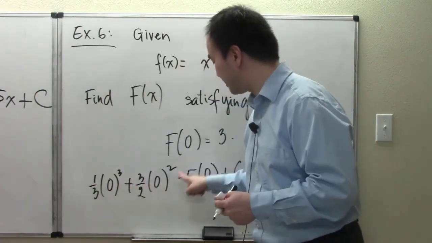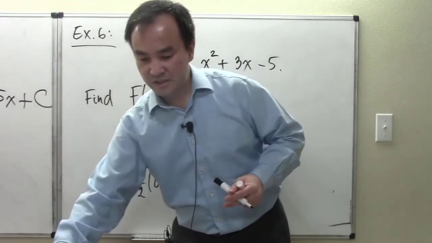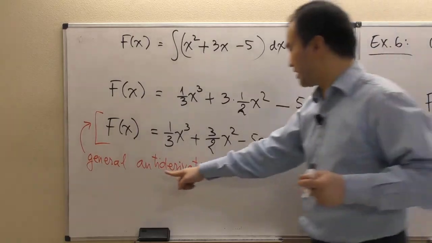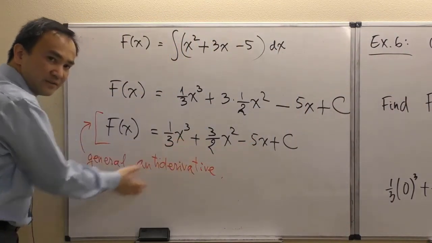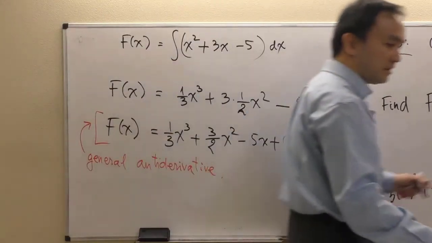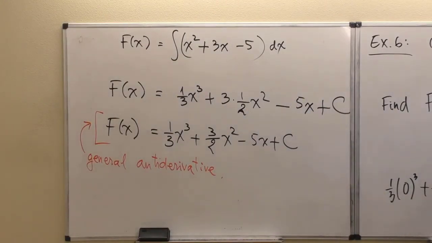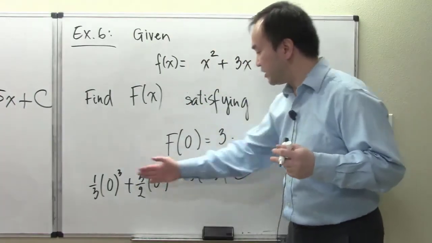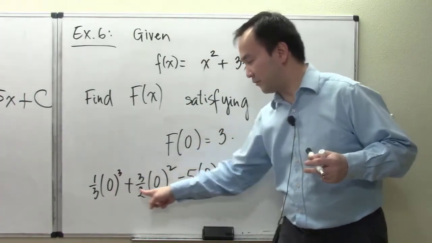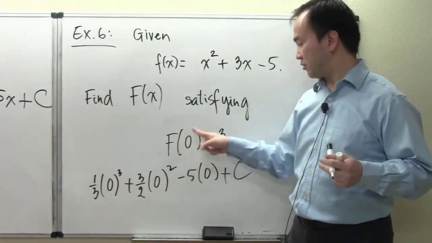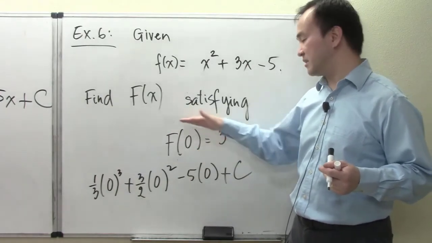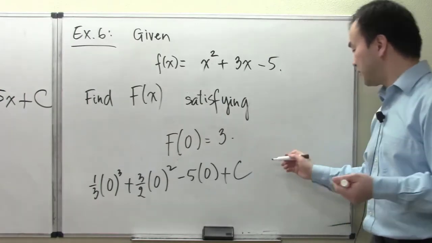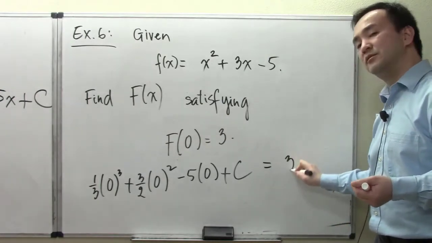I simply substituted 0 into the general antiderivative that I have found. So that's what capital F of 0 is, and the requirement says all of that equals 3.